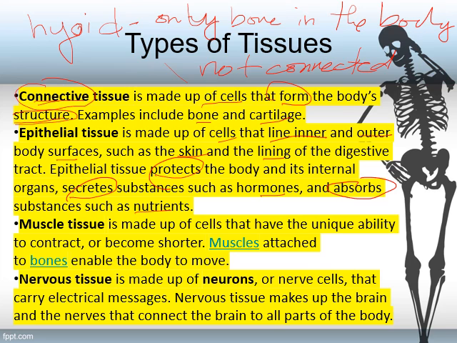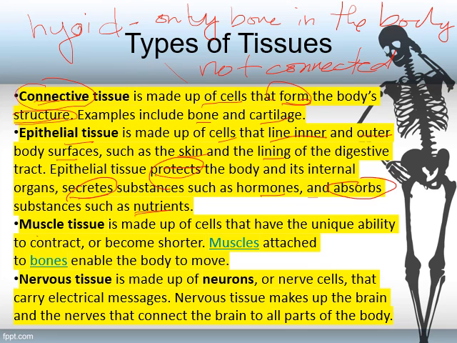So the purpose of connective tissue is to form the body structure, while the epithelial tissue protects the body and the internal organs, secretes substances just like hormones, and absorbs substances such as nutrients. Those are the major functions of epithelial tissues: protects, secretes, absorbs. Tatlo lang pala, sorry. Protects, secretes, and absorbs.